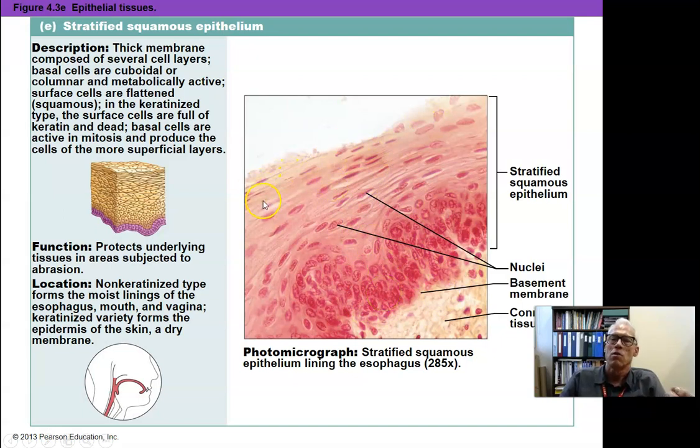But also, if we look towards the surface of this epithelium, the apical surface, the cells are very flat and thin, as evidenced by the squashed nuclei, and those are squamous cells, so we call it a stratified squamous epithelium, even though the cells in the basal layer are not flat at all. They may look more like cuboidal cells.